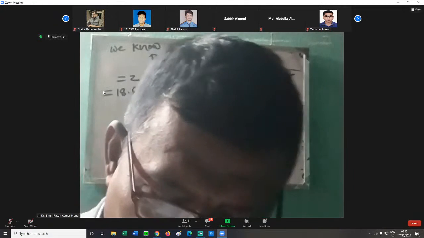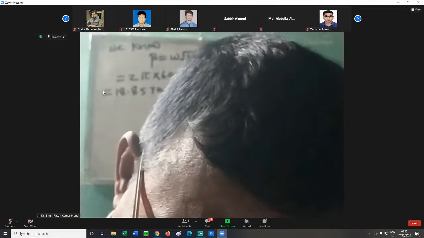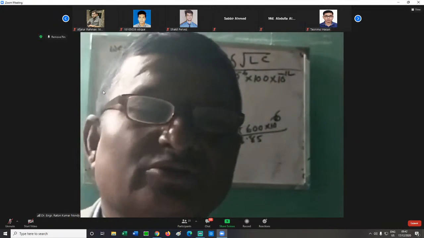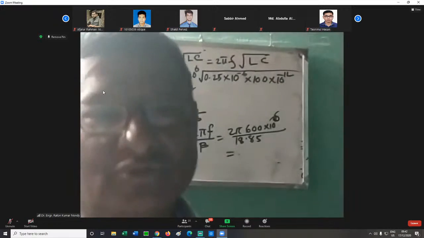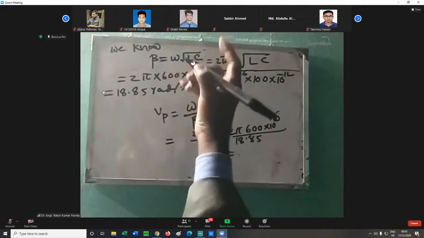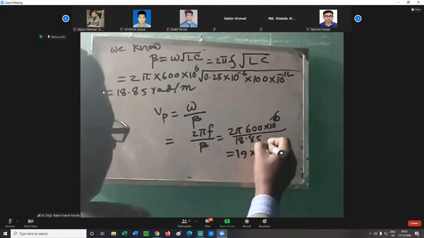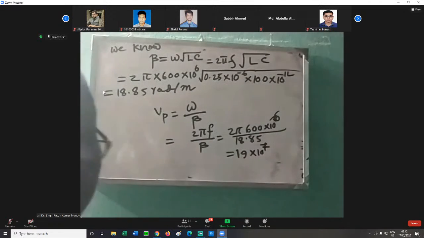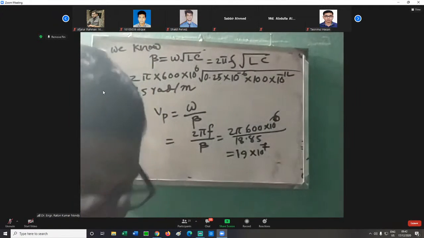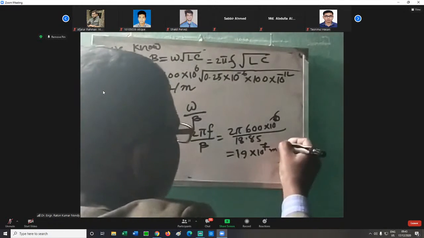What is the result? 19 into 10 to the power 7. They have given 2 into 10 to the power 8. Is the result correct? Yes, 1.9 is coming, and 1.9 means 2. Your result is correct. The unit will be meter per second.